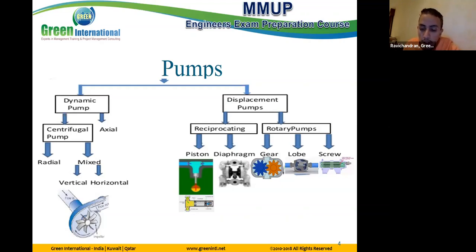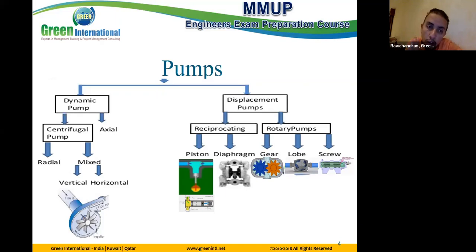Firstly, for the dynamic pump, I will focus on the important points first and go to the least important at the end. These are important points for classification between the two, and this theoretical question comes up a lot in the exam. A dynamic pump is used for high discharge and low head.